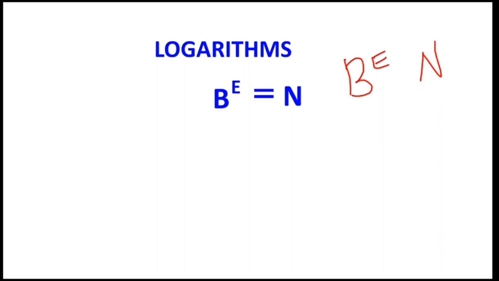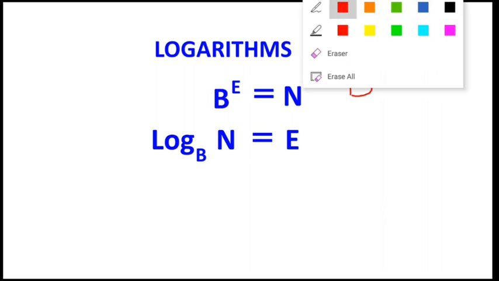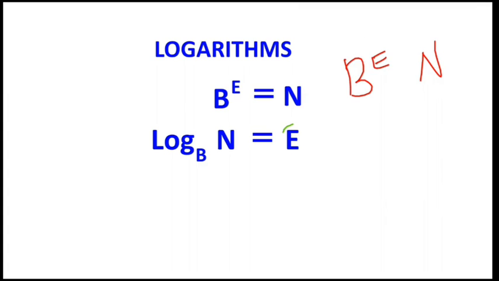Now how logarithms work, you take the log of the base, and the logarithm of the base of a number N is equal to E. So notice now that when you're writing a number in log form, the exponent is always on its own. The exponent always goes on its own. So you take the logarithm of the base of a number and then you say it's equal to the exponent.